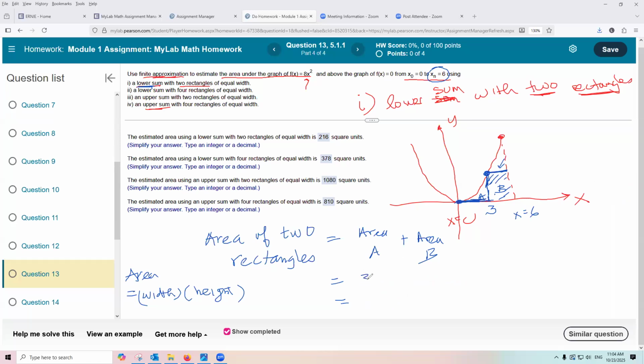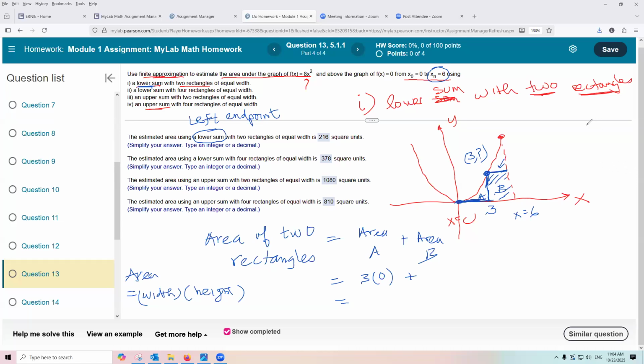So for area A, that's going to be 3 times 0. Again, that's width times height. Let me go to area B then. Well, we need the height of this rectangle here, and we use the left endpoint to dictate the height. That's what they mean when they say lower sum. It really means use the left endpoint.